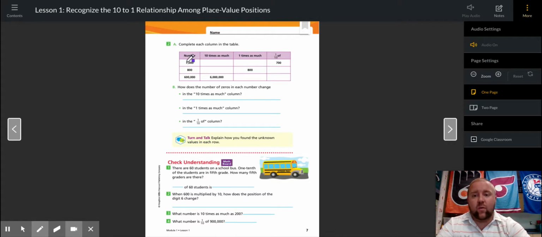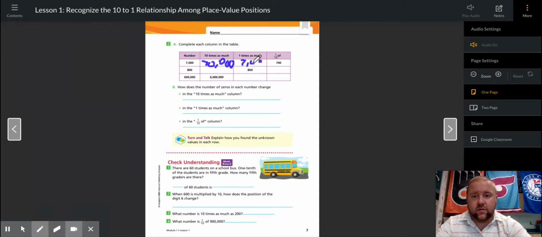So we need to move this 7 one place to the left. So that's going to end up being 70,000 because 10 times as much means it's 10 times bigger, which is one place bigger. Now, 1 times as much means it is the same amount. 1 times anything is itself. So then you have 7,000 here.